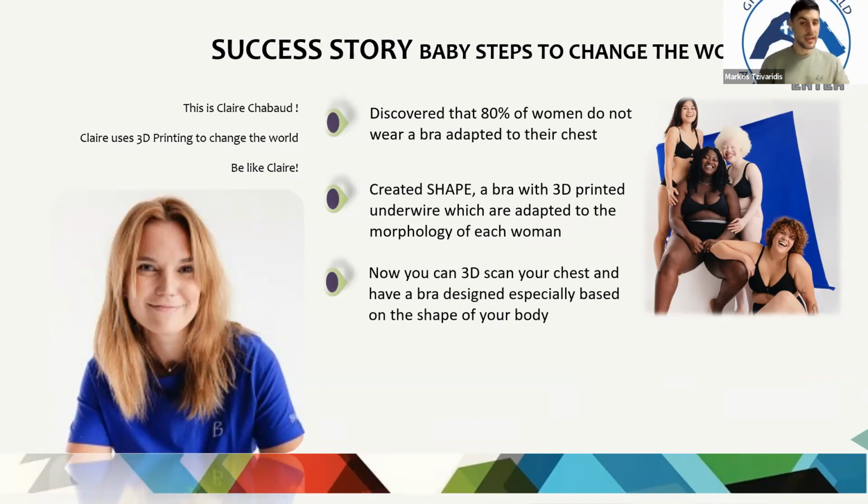That's why she created Shape, which is a bra, basically, enhanced with a 3D printing underwire, which is adapted to the individual morphology of each woman. Now, anyone can 3D scan their chest and have a bra designed specially on the shape of their bodies.